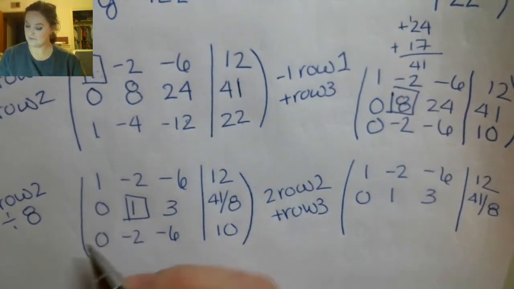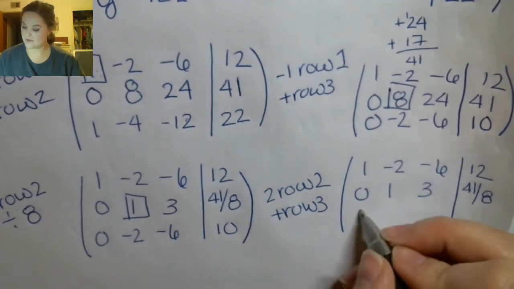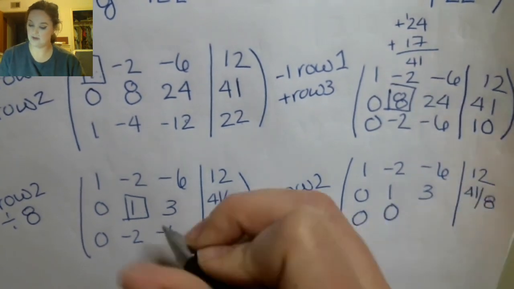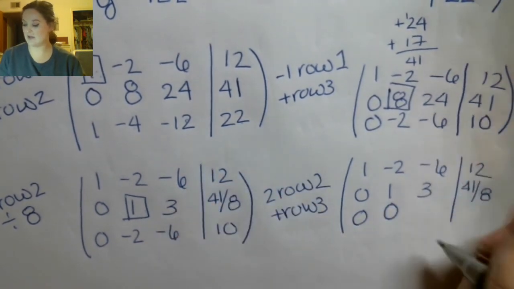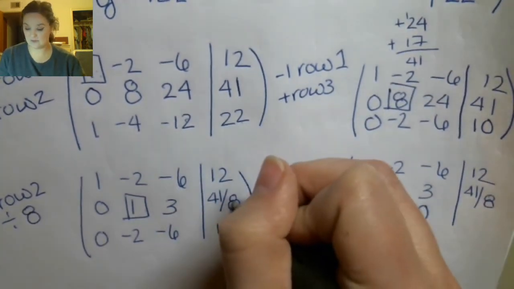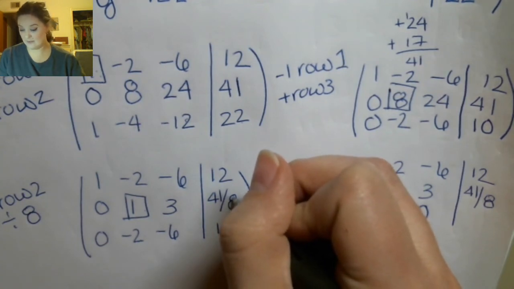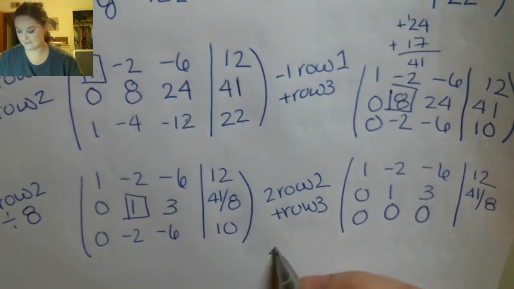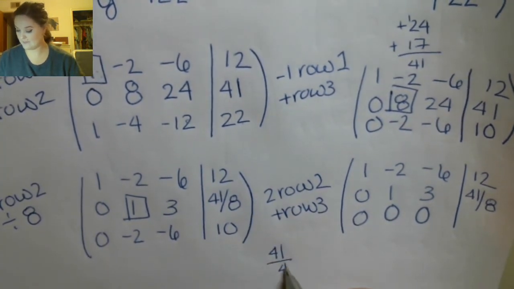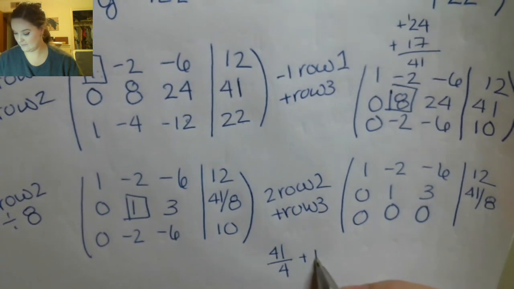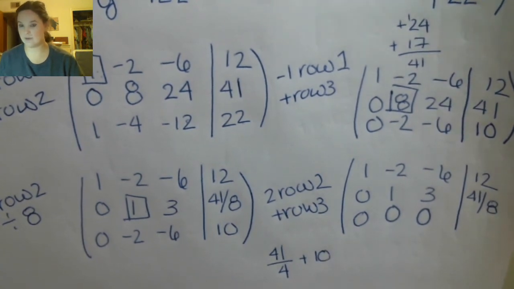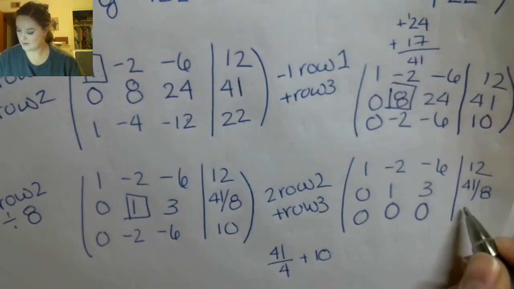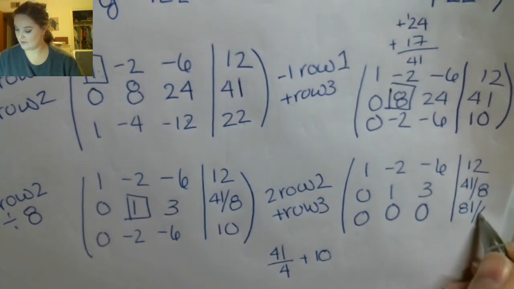Okay. 2 times 0 is 0, plus 0 is 0. 2 times 1 is 2, plus -2 is 0. 2 times 3 is 6, plus -6 is 0. 2 times 41 over 8 is 41 over 4, plus 10. Okay, that's what I'm doing. And this is going to give me 81 over 4.